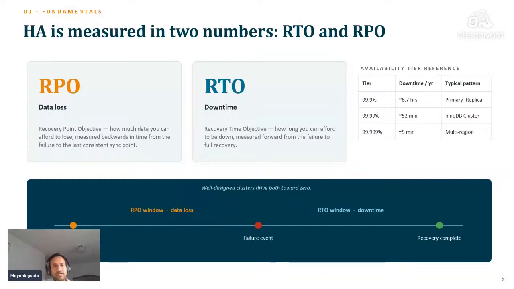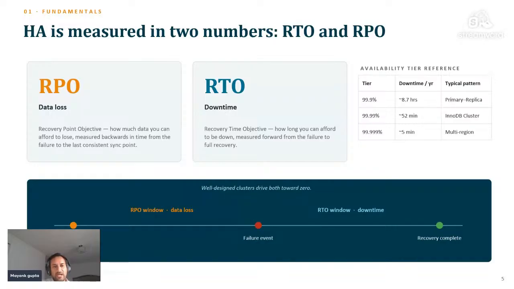The same thing goes with RTO, recovery time objective, which means how long it is going to take from the failover to recover the cluster completely. Because if it waits for a longer time, that means we are losing more data. So the lower the RTO and RPO are, the better the scenario for our database cluster. Ideally, in the best case scenario, we want zero recovery time and zero data loss.